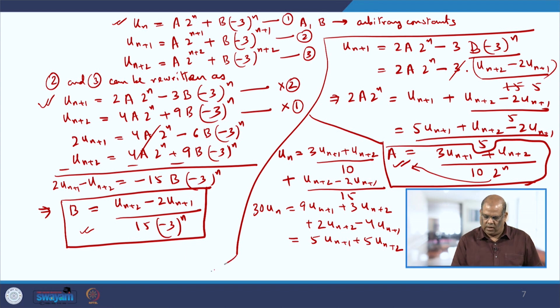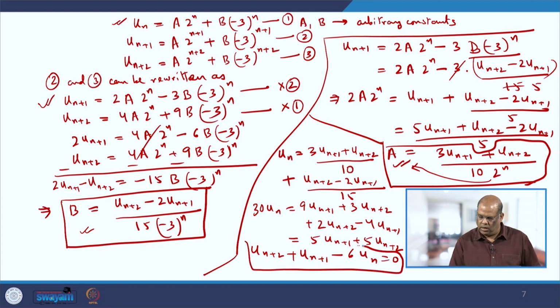So, if you cancel 5 and simplify, you will get u_{n+2} + u_{n+1} − 6u_n equal to 0, and this is the required difference equation after eliminating the arbitrary constants a and b.